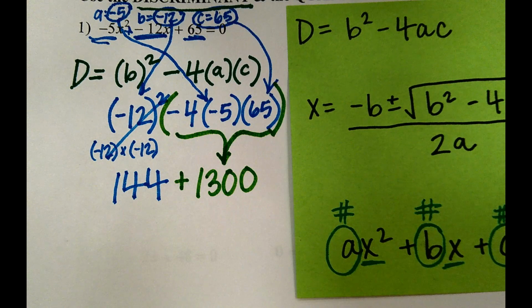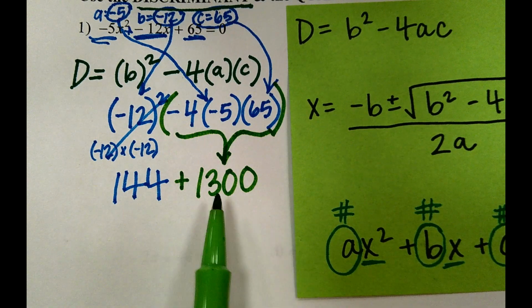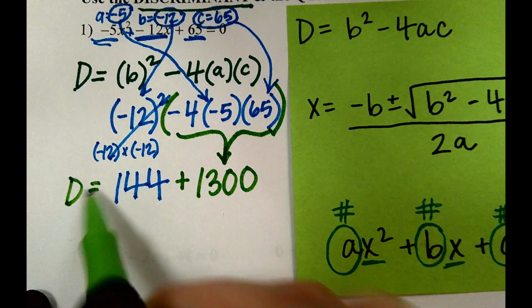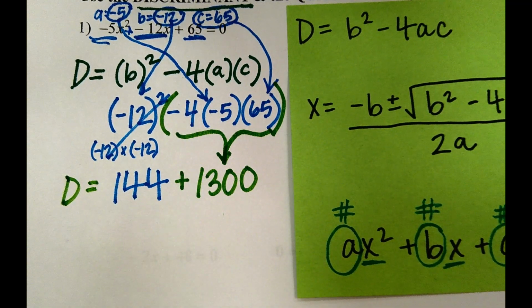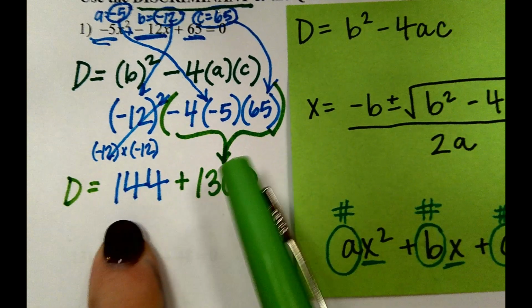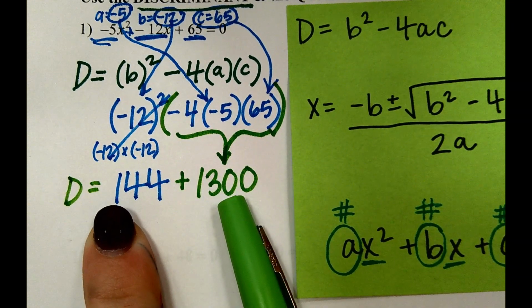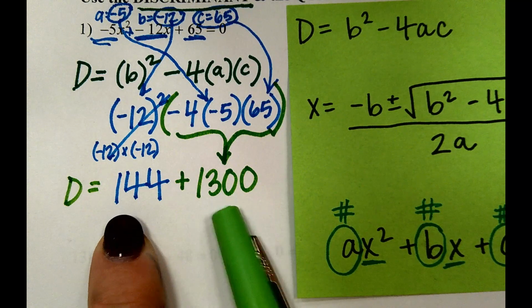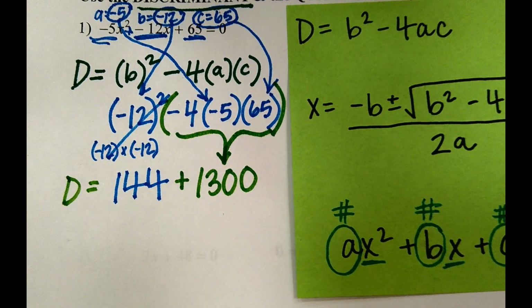Okay. Now, at this step where I have D equals 144 plus 1,300, is anybody unsure how I got either of these numbers? Okay, so we're just going to add them then. 144 plus 1,300, so yep, 1,444.